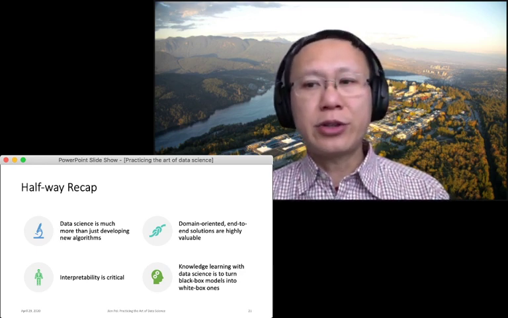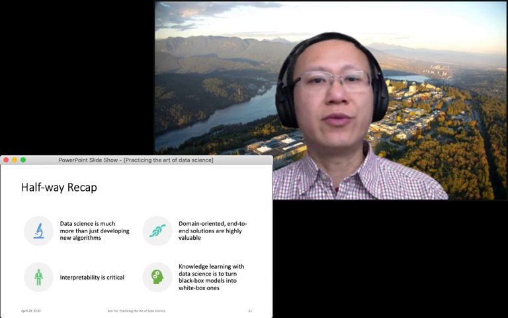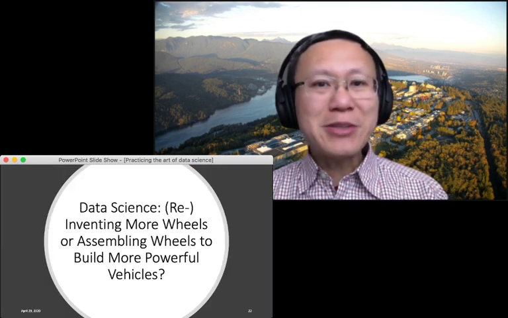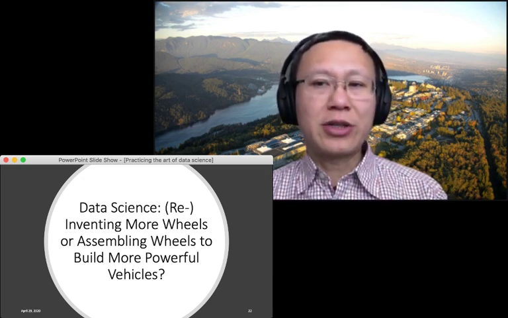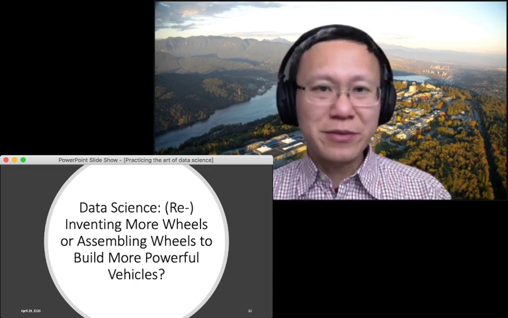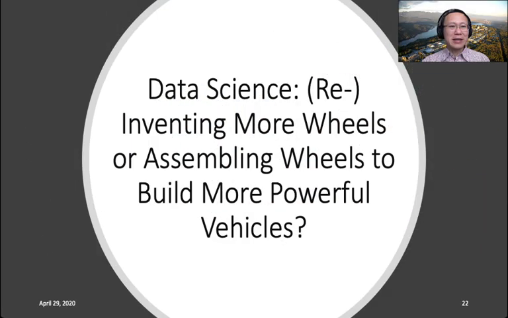And knowledge learning with data science is indeed about turning black box models into white box models. Then the next question is, should data science develop more models or just assemble models to build powerful tools? Again, I want to use one of the examples to give you my answer.